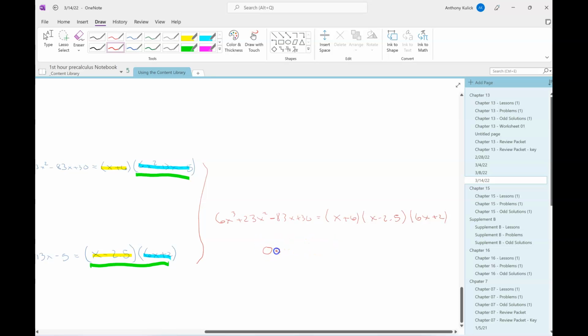So when I set this all equal to 0, to find my zeros, I have the factored form, so I can just set my factors equal to 0. And then we have negative 1/3 here.